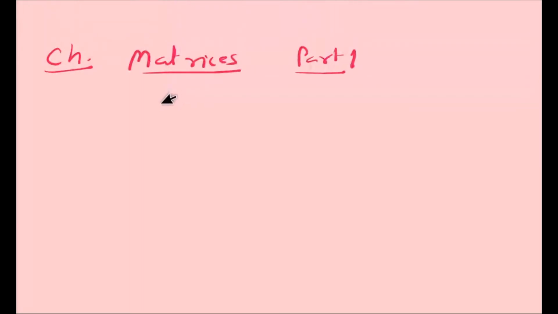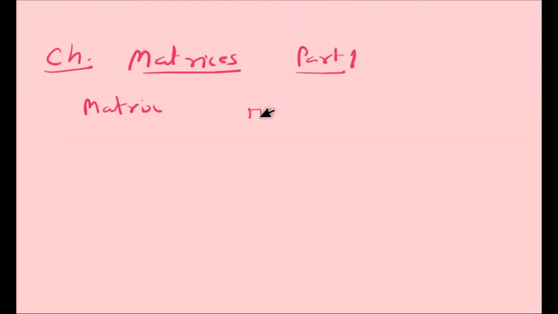Okay. Now, can you tell me about this word matrices? It is the plural of the term matrix. It is singular, it is plural. And we can describe it this way.